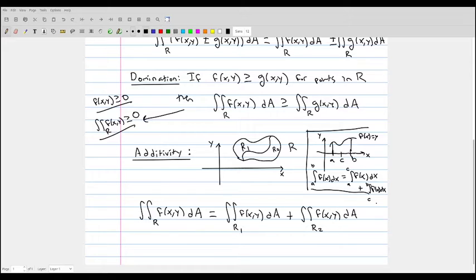Right, so that's what this additivity property is saying. It's directly generalizing the additivity property for single variable integrals.